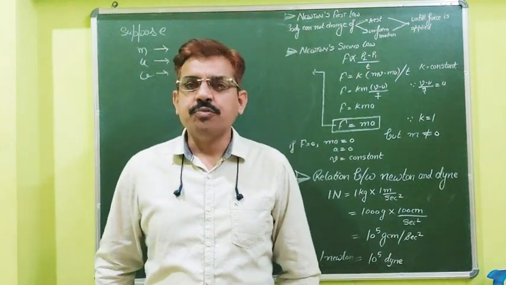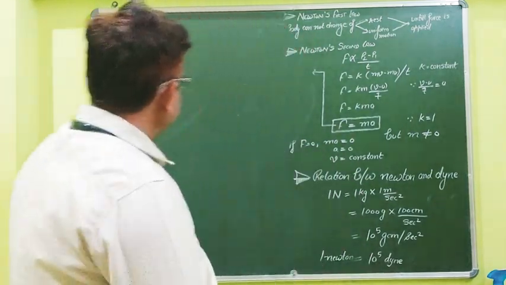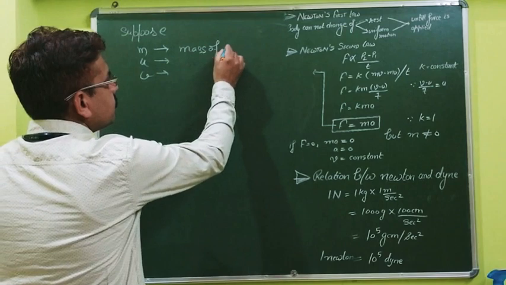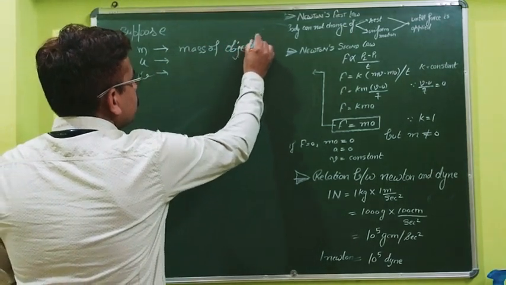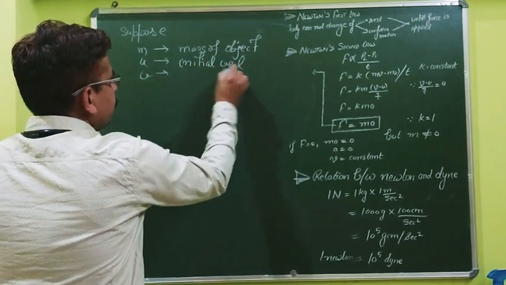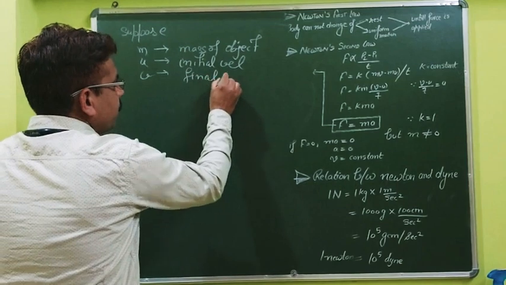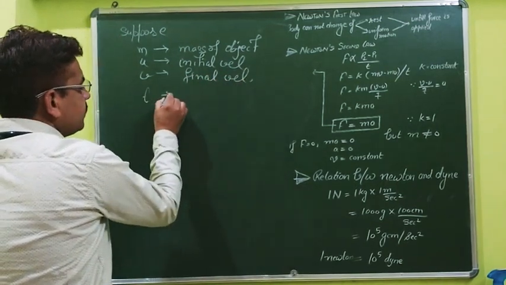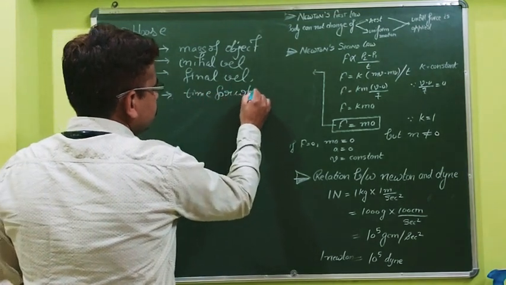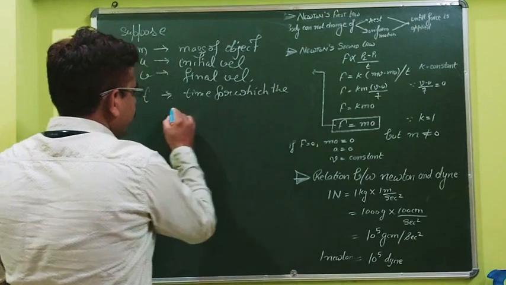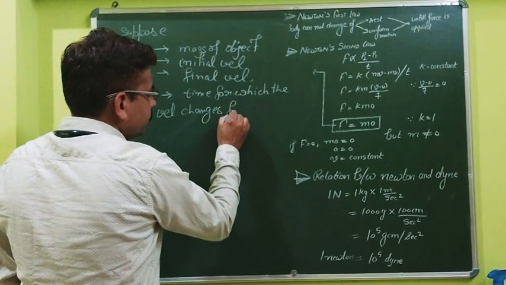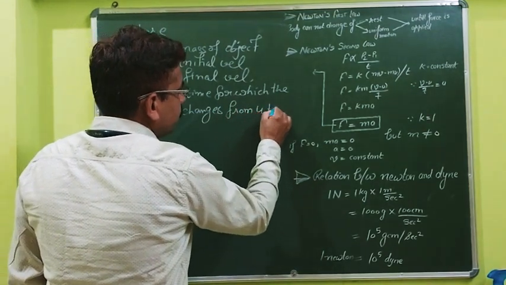So, Newton's second law of motion. Suppose m is the mass of the object, u the initial velocity, v the final velocity, and t the time for which the velocity changes from u to v.